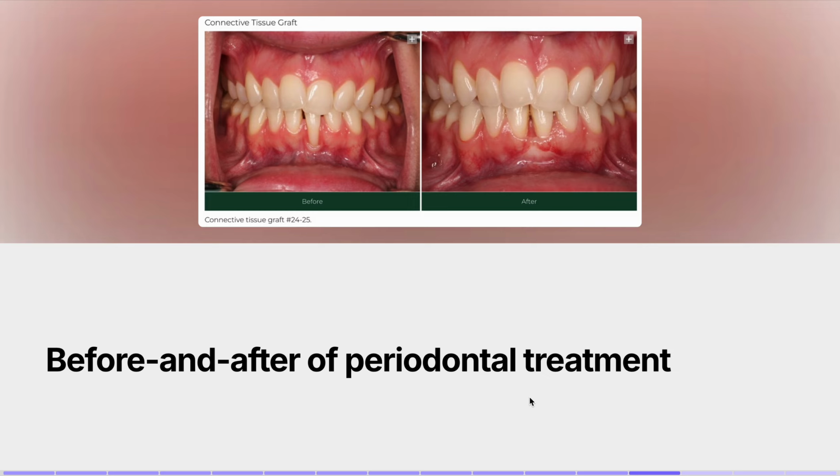If we look at tooth number 31, to the left the level of the gum is reduced, but looking to the right, after the grafting treatment, the gum looks like it has not decreased, so the treatment looks good, as we see in the picture to the right after the surgery.